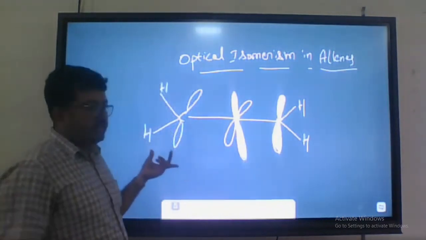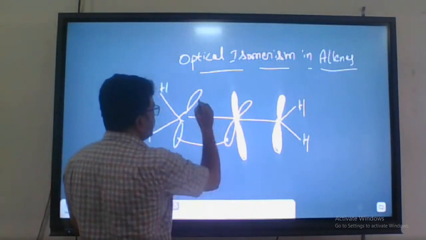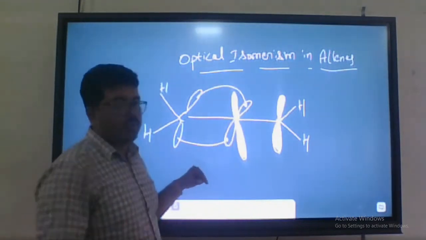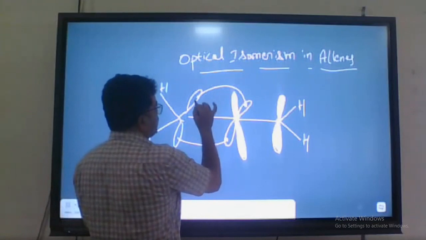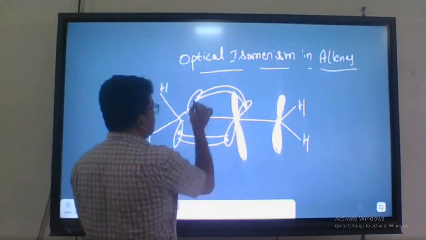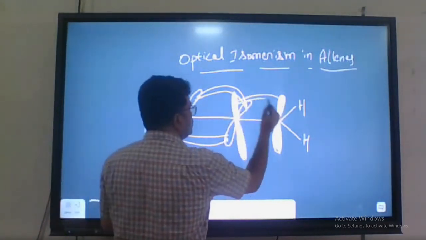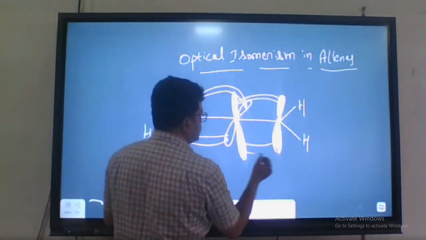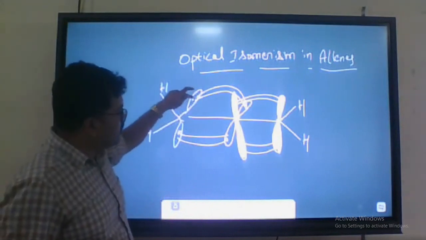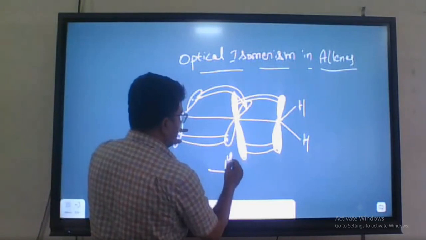The bonding: in the first carbon, these two sides will overlap. See, this double bond is perpendicular to this double bond.